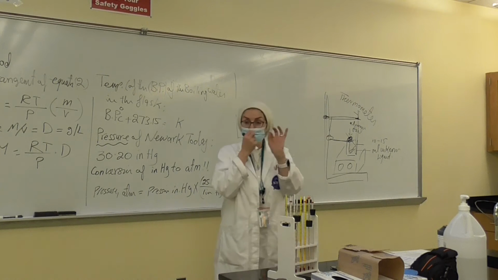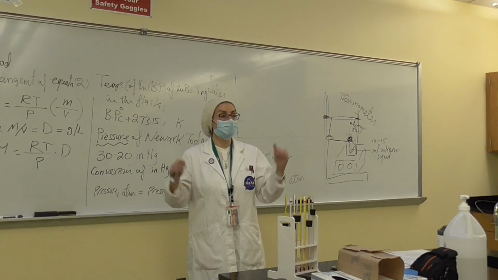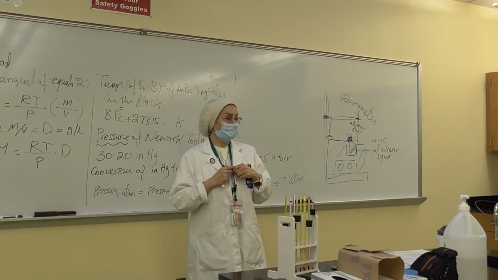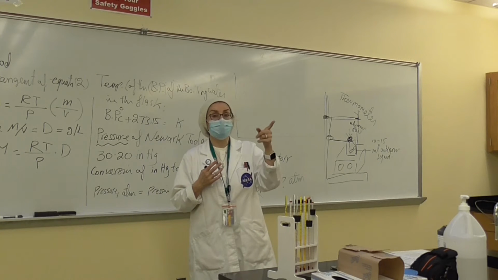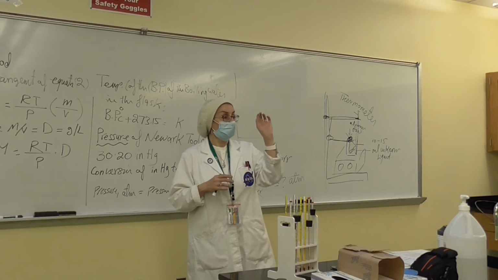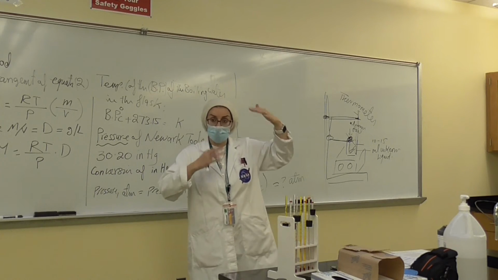Cool it down, you're going to see there will be what? What's going to happen? Anybody could tell me? What are you going to see? Like condensation? You're condensed, absolutely. Nathan, the condensed liquid, because it was a vapor, right? When we heat it.